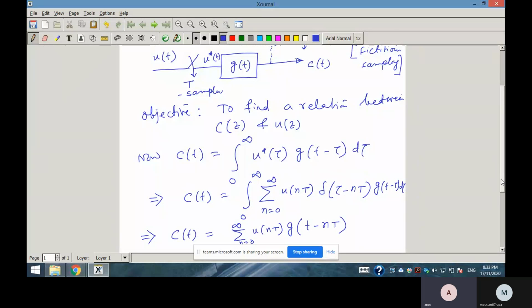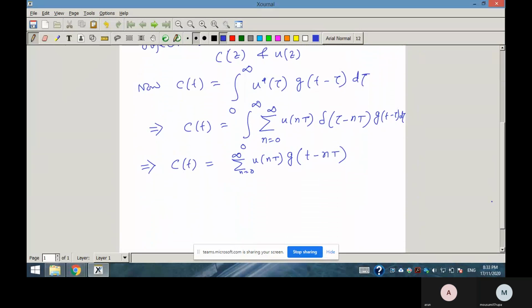Okay. Now what is the Z transformation of c(t)? Although here it is a continuous time signal, you can write the Z transformation of c(t) only when c(t) is sampled.